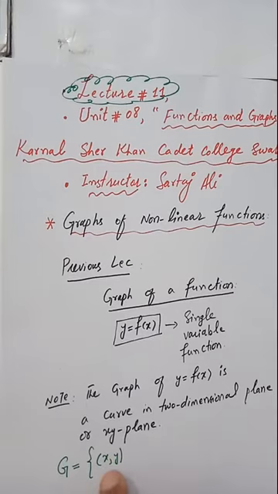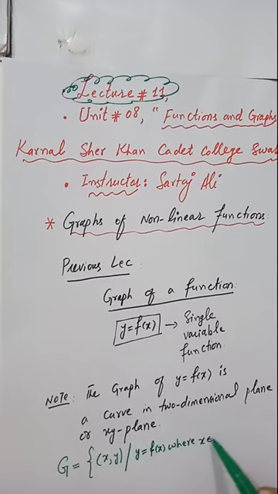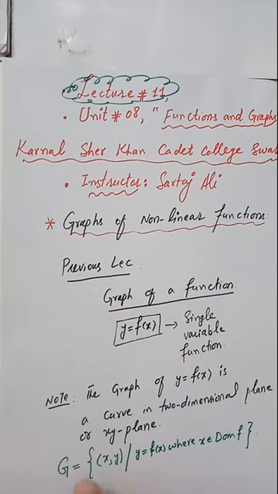So in the graph there are ordered pairs (x, y) such that y is equal to f of x, where x belongs to the domain of the given function f. If x is from the domain, the function will operate on the domain value. You will get a value in the range, and when you make an ordered pair from that and plot it, and all those ordered pairs are joined, you will get a curve, and that curve must be the graph of that function. So this is the definition of the graph of a function.